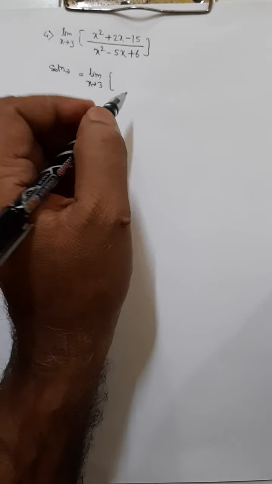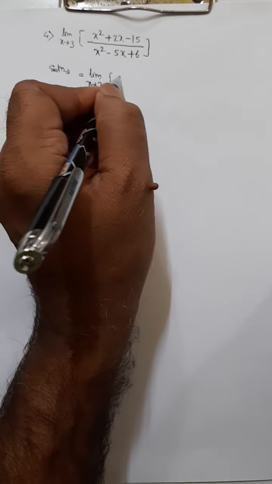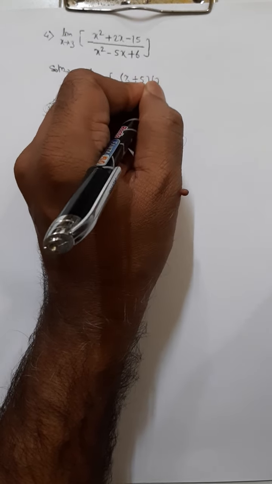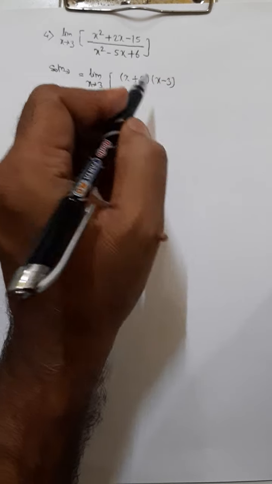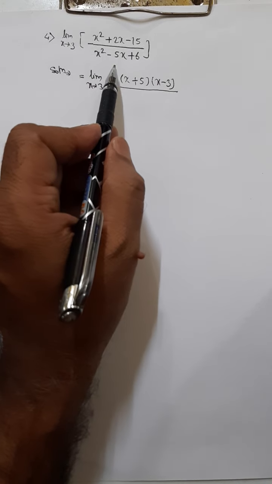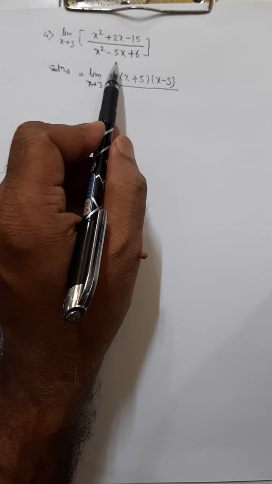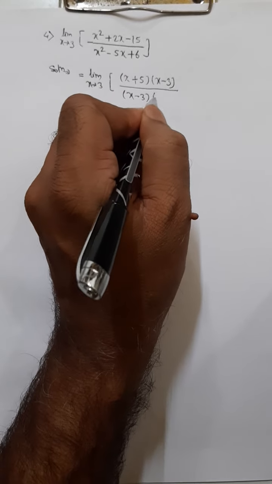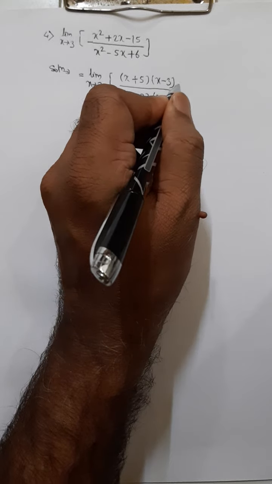So factors are 5 and −3 here, (x + 5)(x − 3). 5 − 3 is 2, 5 into −3 is −15. Similarly, in denominator, factorize 6 such that their sum is −5. So here we take −3, −2, (x − 3)(x − 2).